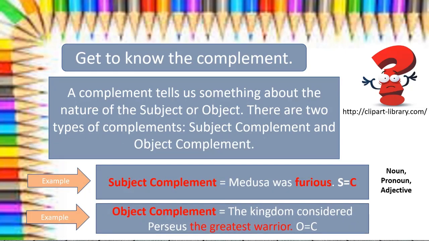The object complement. For example, the kingdom considered Perseus the greatest warrior. Kingdom is our subject, and Perseus is our direct object, and the greatest warrior is our object complement. It complements to the direct object Perseus. Usually, the object complement is a noun, a pronoun, or an adjective.